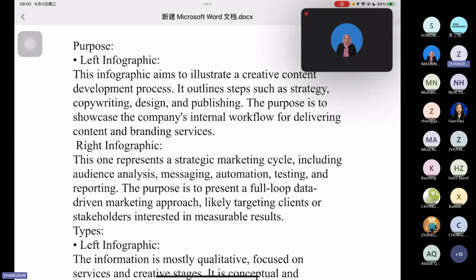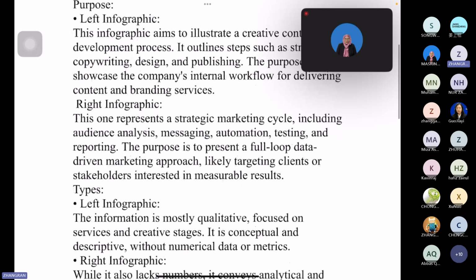The left picture aims to instruct the creative content development process. It outlines steps such as staging, copywriting, design, and publishing. The purpose is to showcase the company's internal workflow for delivering content and brand service.